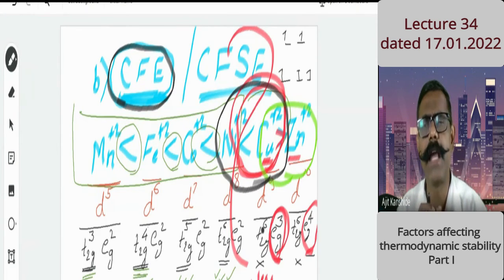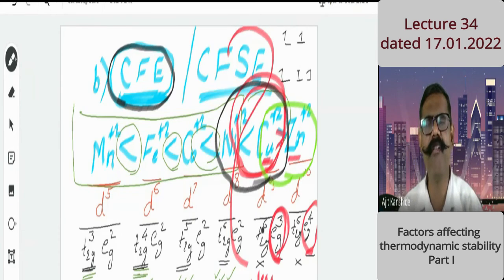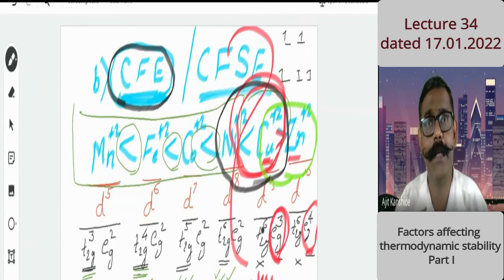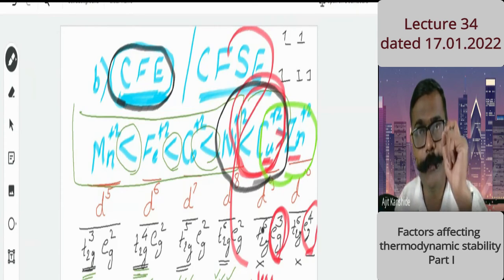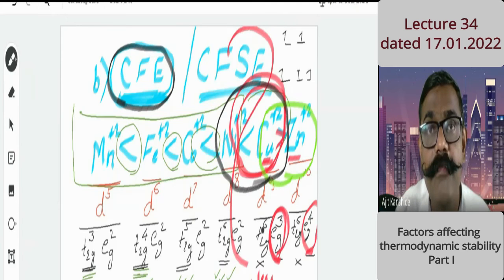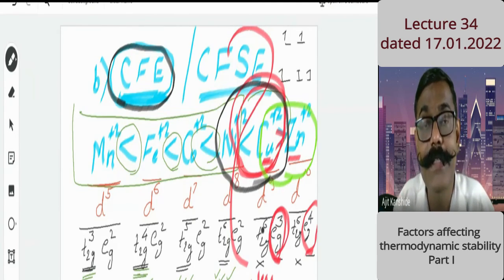So other than the higher stability of Cu plus 2, everything in these metal ions, from Mn plus 2 to Zn plus 2, is explained. That is the importance of crystal field theory. That is the crystal field effect.